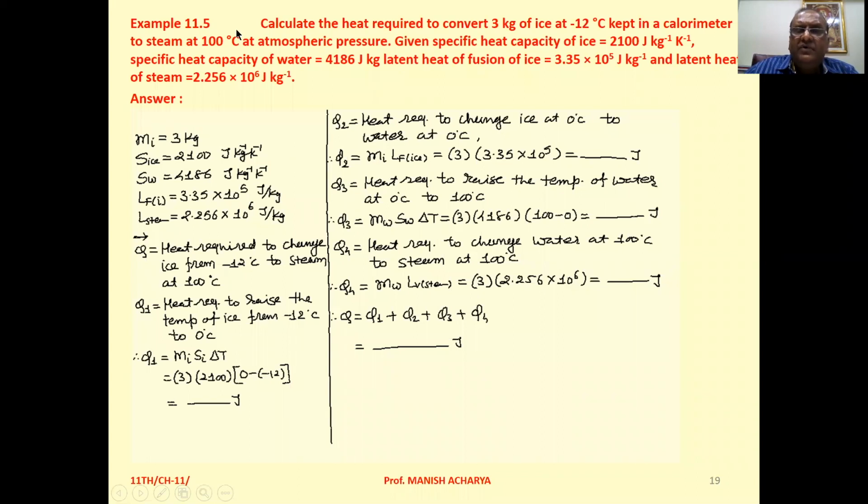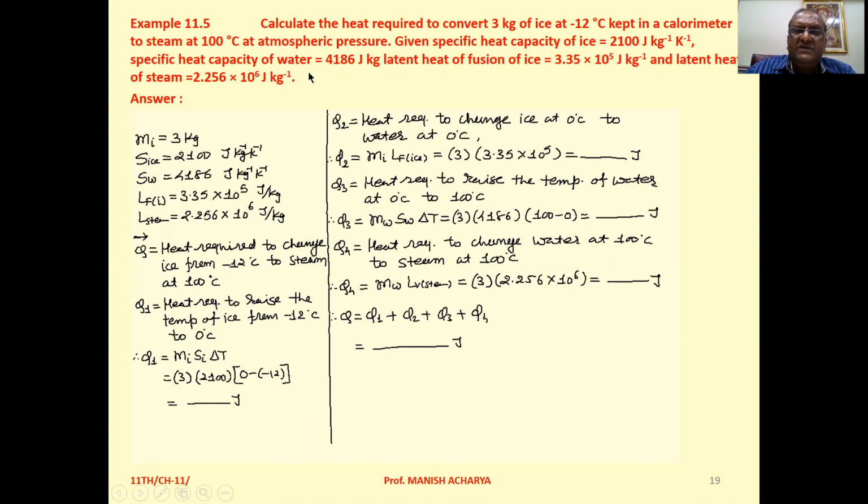Example 11.5. Calculate the heat required to convert 3 kg of ice at minus 12 degrees Celsius kept in a calorimeter to steam at 100 degrees Celsius at atmospheric pressure. Given specific heat capacity of ice, that is 2100 joule per kilogram Kelvin.